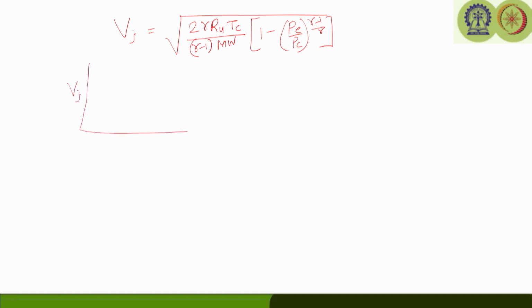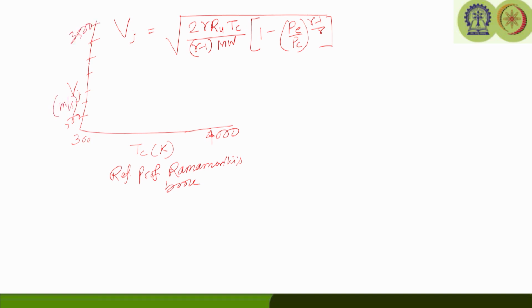If you plot Vj versus chamber temperature Tc in Kelvin, varying from 300 to, let us say, 4000 Kelvin, the velocity of efflux or jet velocity ranges from, let us say, 500 meters per second to as high as 4000 or so.